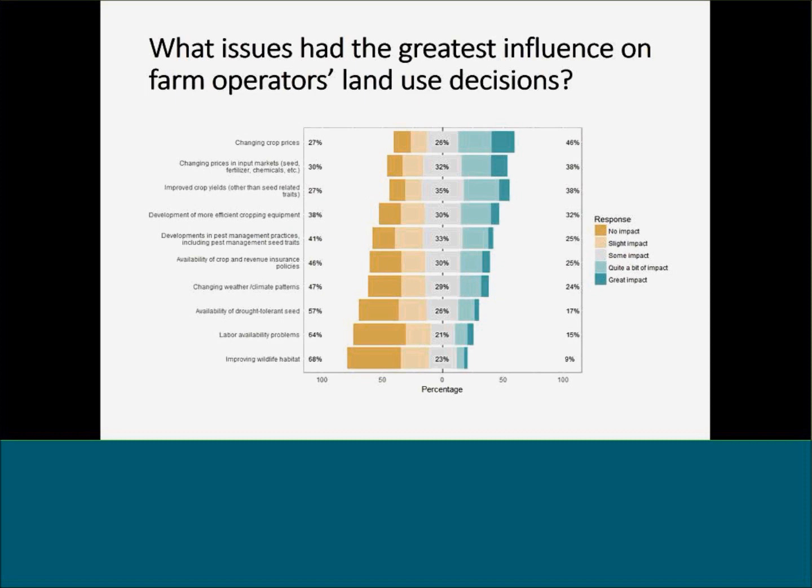And then as we get down into the rest of these, we tend to see the majority of respondents saying that they didn't have an impact. So, pest management, crop insurance, weather, climate, labor availability, concerns over wildlife habitat. Overall, the respondents found that they were less important.